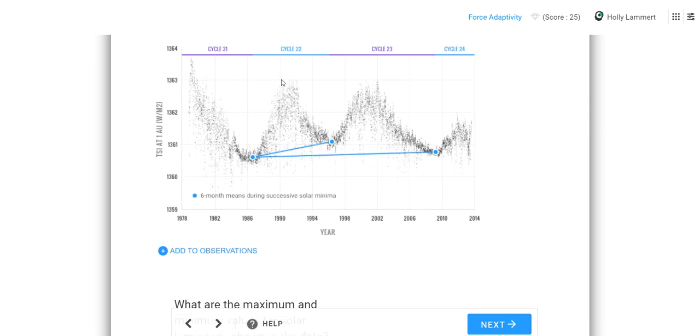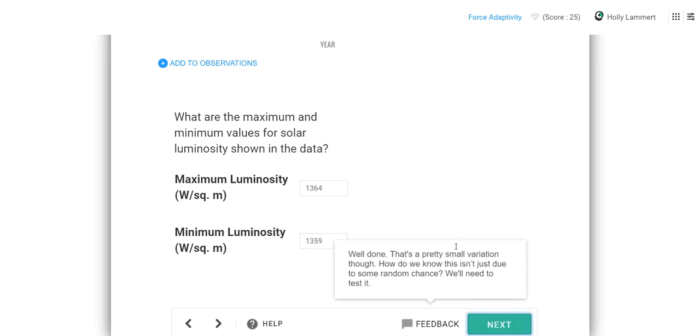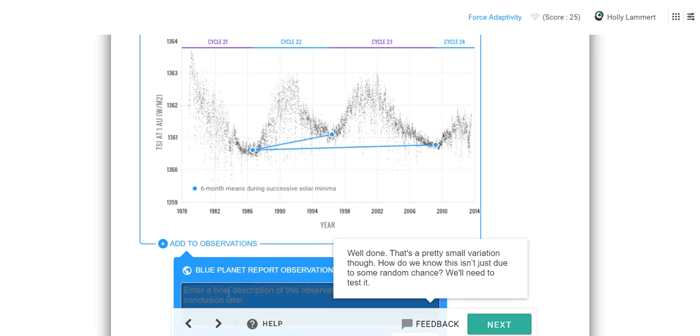The minimum luminosity, somewhere down here, 1359. Okay, so they're telling us that is actually pretty small. I'm going to go ahead and enter this into my chart.